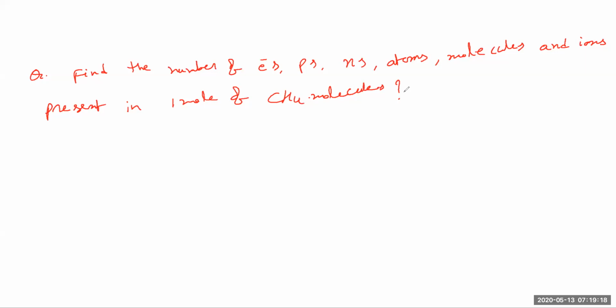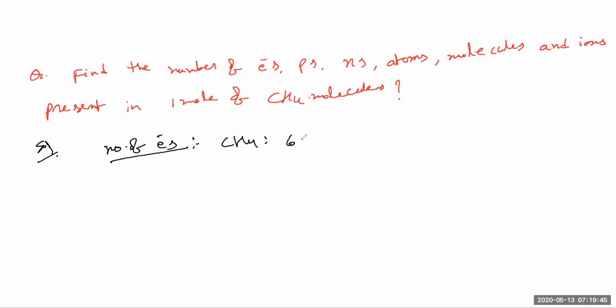How to solve this one? See this. So methane molecule, right? Number of electrons. In methane molecule, CH4, you know, carbon contains 6 electrons because electrons are equal to atomic number 6.